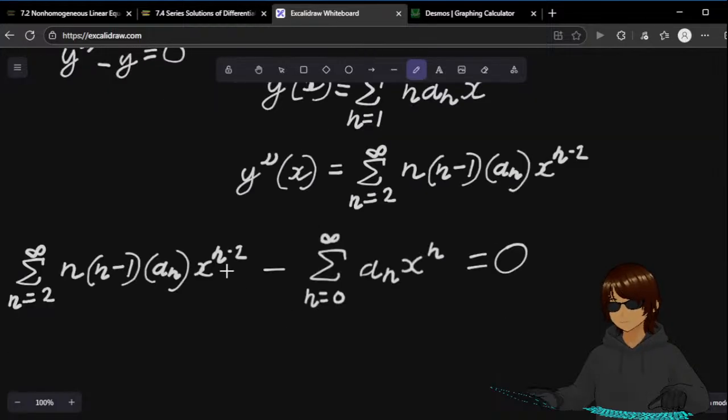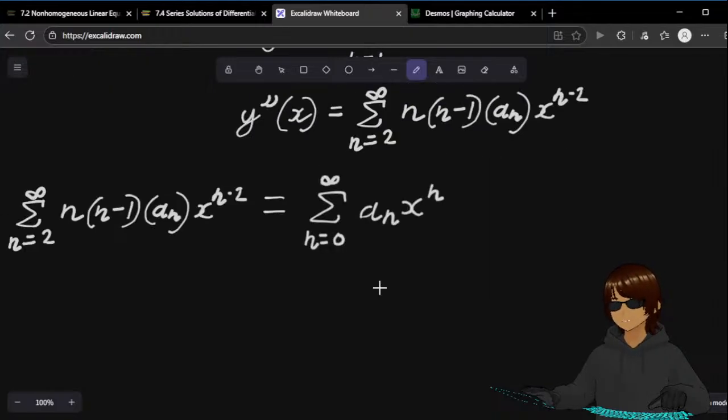So then that means if I bring this to the other side, I get this. What about the first two terms? So then the first two terms don't exist, right? Maybe they do. No, they do actually, because this is n minus 2.